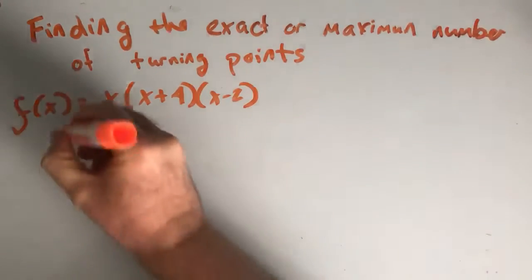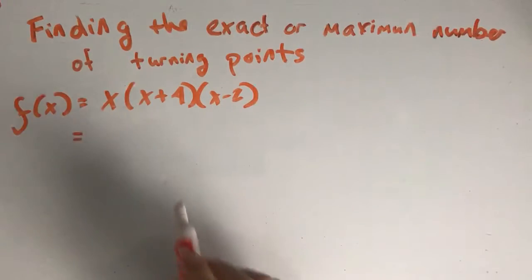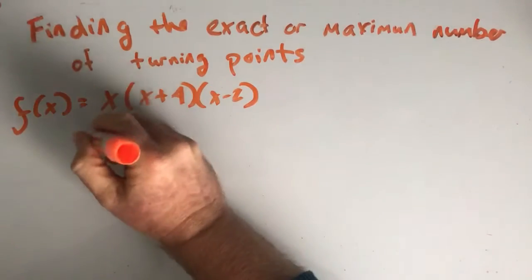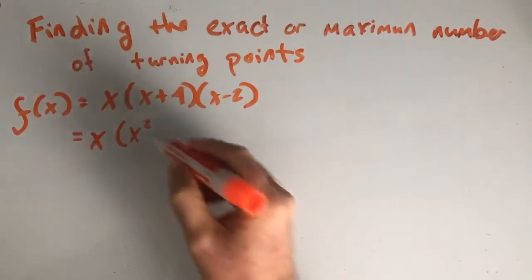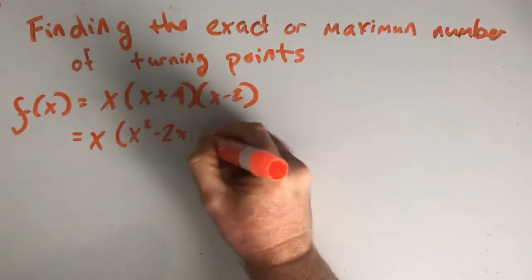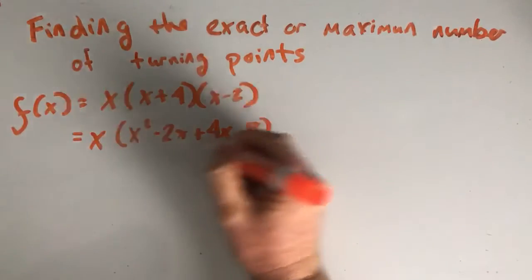So what I have to do is I need to find what is n. Okay, n is going to be the degree of this function. Okay, so I'm going to do FOIL here and then multiply by x. So first I'll do the FOIL, so that's x squared, and then outer minus 2x, inner plus 4x, last minus 8.